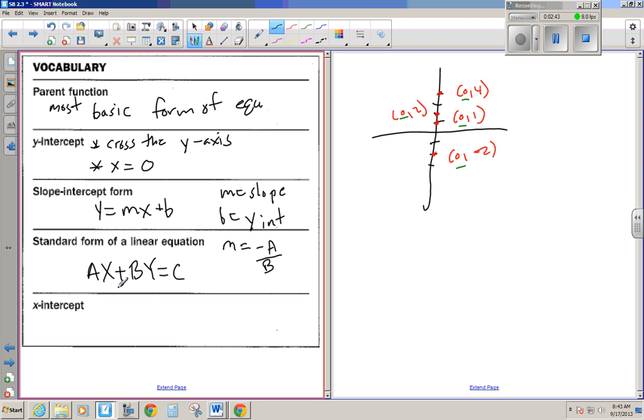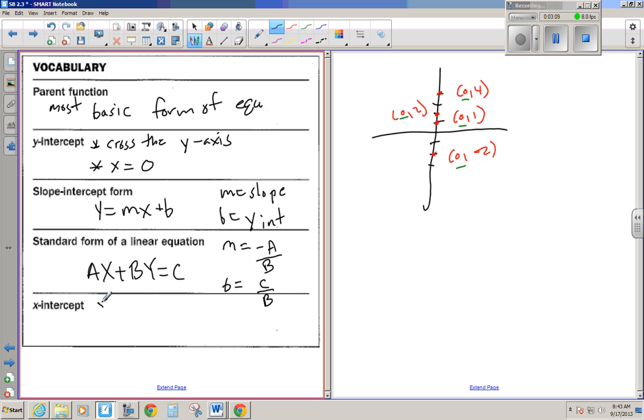So if you were given standard form like this and asked what is the slope, all you'd have to do is look at the opposite of the coefficient of x and divide it by b. The y-intercept, or little b, is equivalent to c over b. You don't necessarily need to use this, but it might make things easier for you later on.